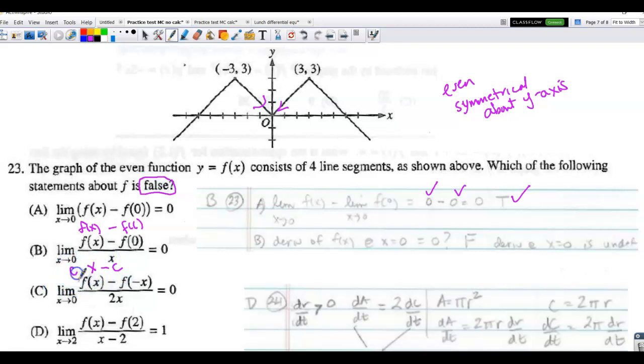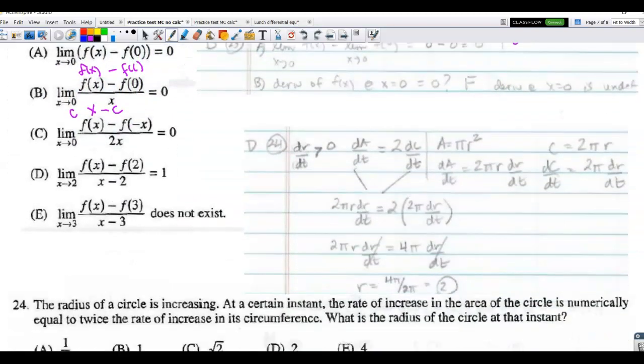So it's asking, is the derivative of f at x equal to 0 equal to 0? Well, the derivative here is not defined because we see the derivative from the left does not equal the derivative from the right, and that's undefined, so the answer has to be, that's false since the derivative is undefined and not 0. So that's our answer B.